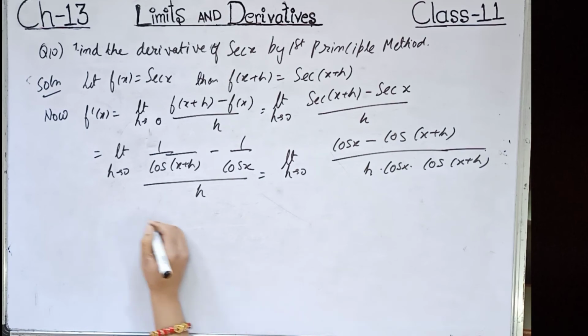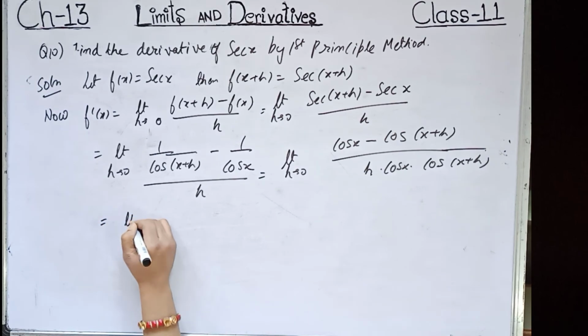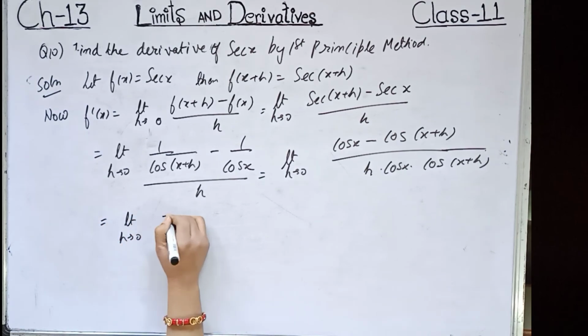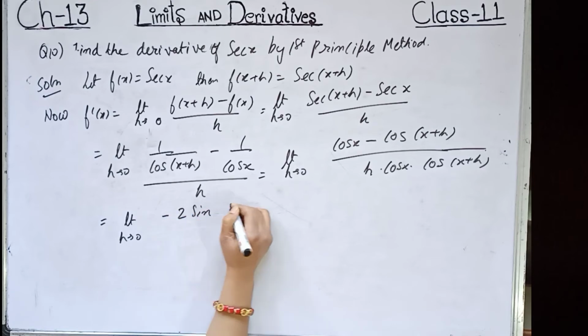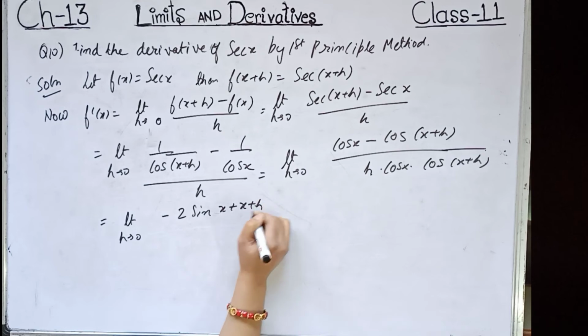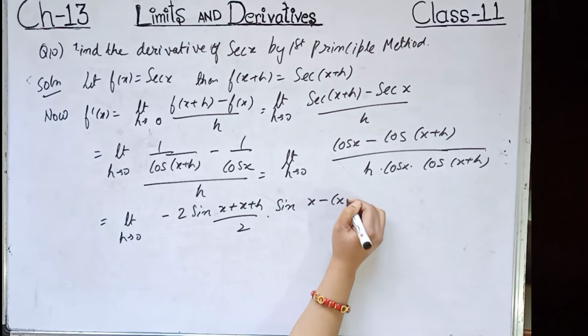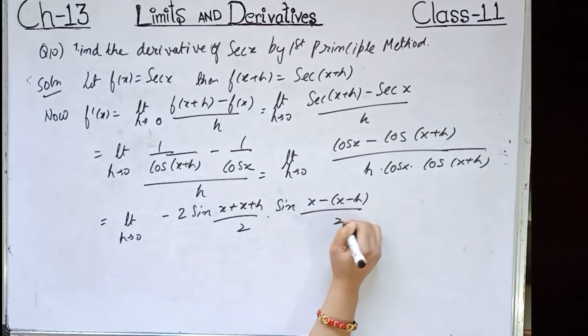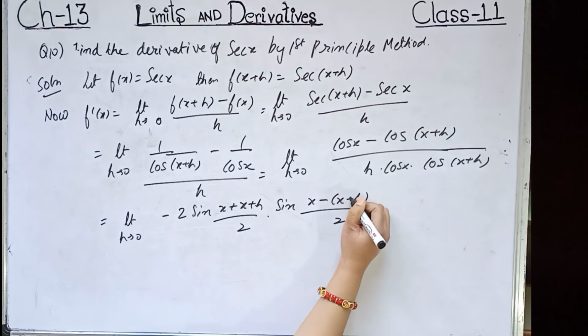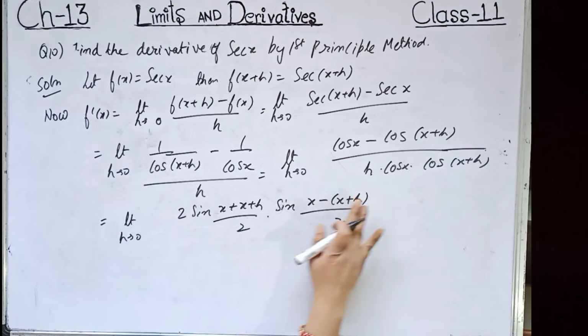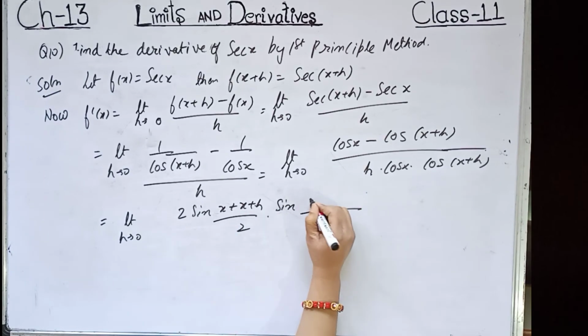Now the cos c minus cos d formula is minus 2 sin of (c plus d) by 2 into sin of (c minus d) by 2, or if we don't write minus over here, then sine of (d minus c) by 2.